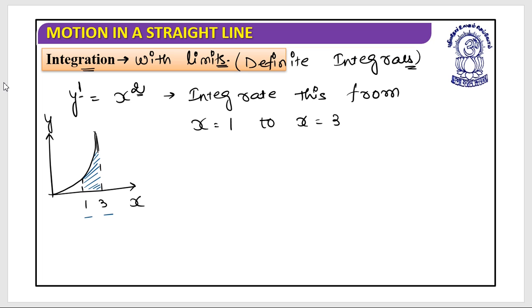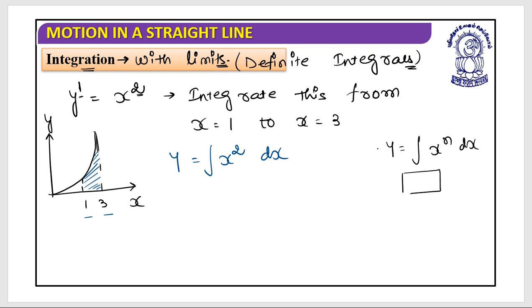So how can you do this? Let's look at this. This is y equal to the integration of x square dx. And let's first write down a generalized term: y is equal to the integration of x to the power n dx.